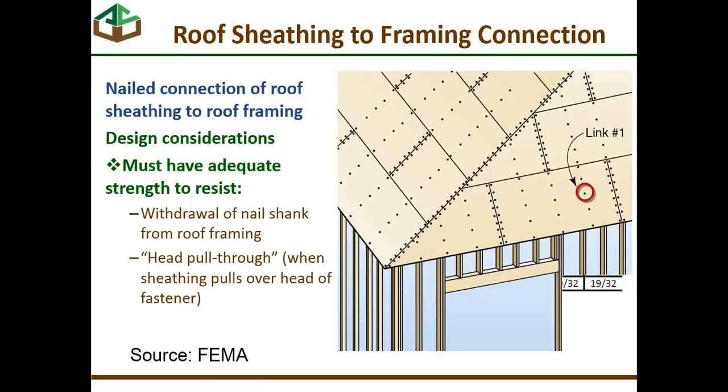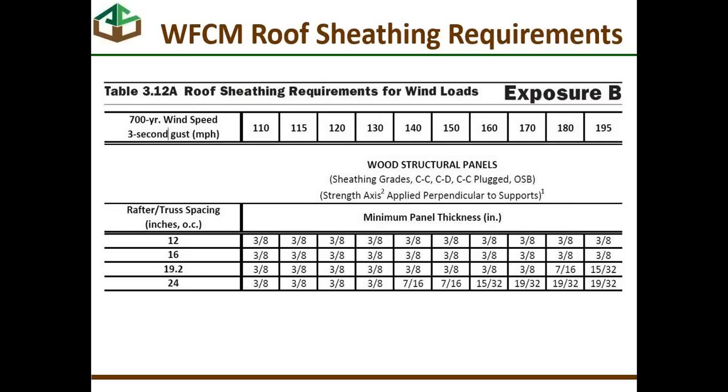In the Wood Frame Construction Manual, there is a table. You see the number here for exposure B that provides a nailing schedule, if you will, for roof sheathing. Now what you're seeing here are roof rafter and truss spacing numbers in this left-hand column, and you see minimum panel thicknesses in inches for these grades of panels based on the wind speed.